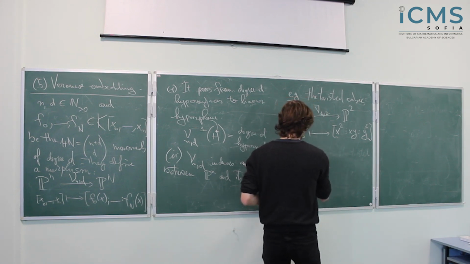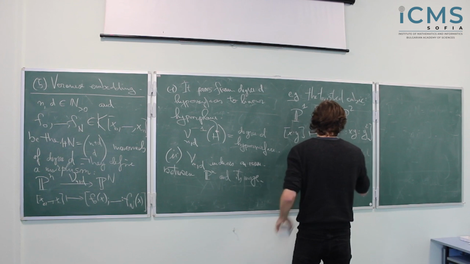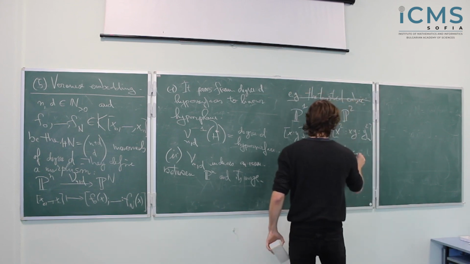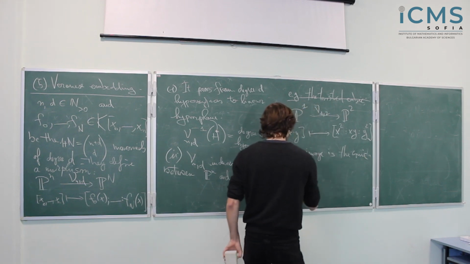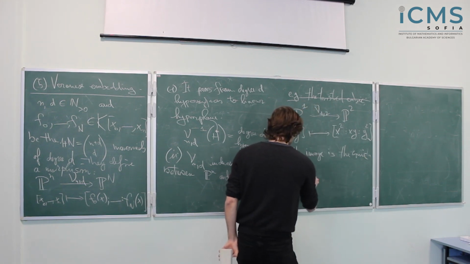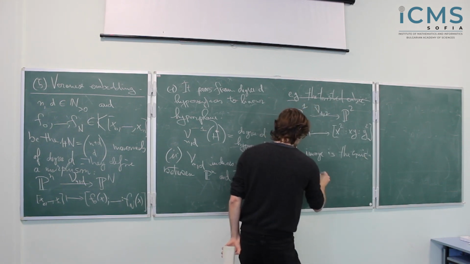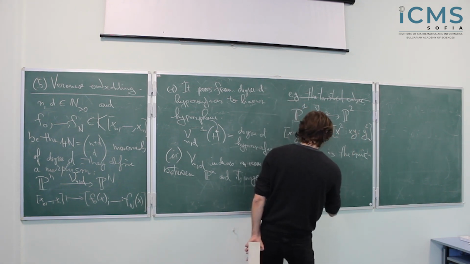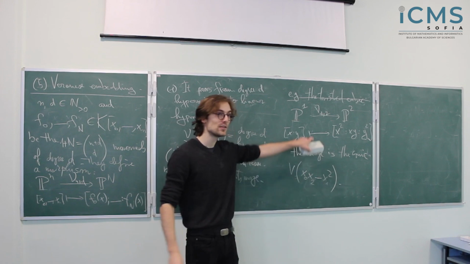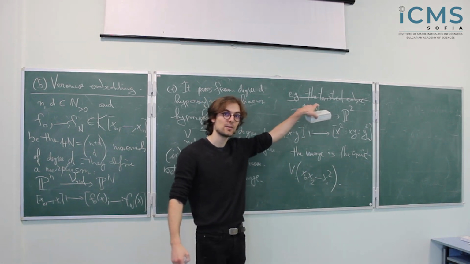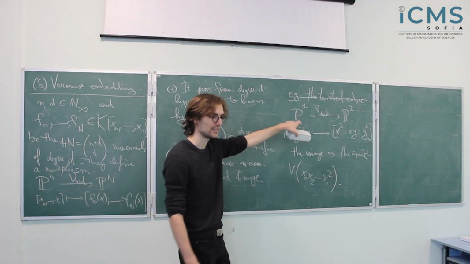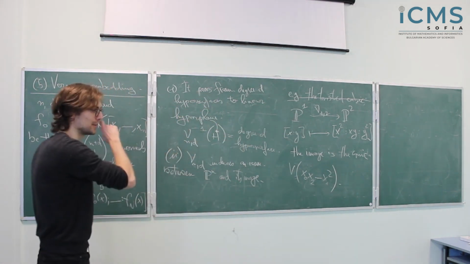Sorry. It's the conic V of x0, x2 is equal to the square of the middle one. And this is actually the inverse of the projection we did last, the one I exhibited between the two.